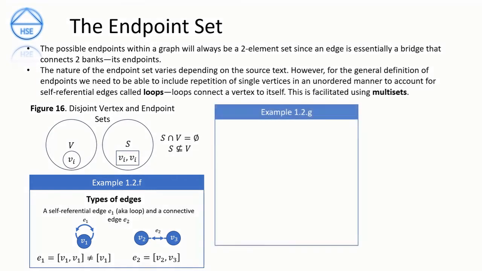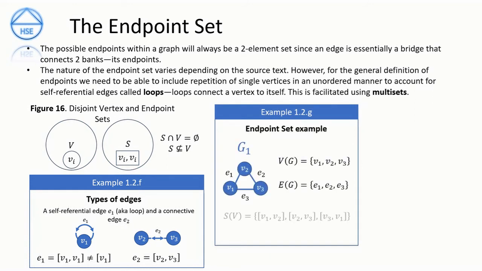Example 12G shows an example of the endpoint set for a graph G1. You'll notice that the small triangle-like graph seems to appear a lot during these presentations. Like all things, combinatorial complexity, to steal a term from Sturman 2000, increases exponentially with the number of elements in a set. So our 3-vertex friend here is great to work with to introduce concepts without blowing things out of proportion.